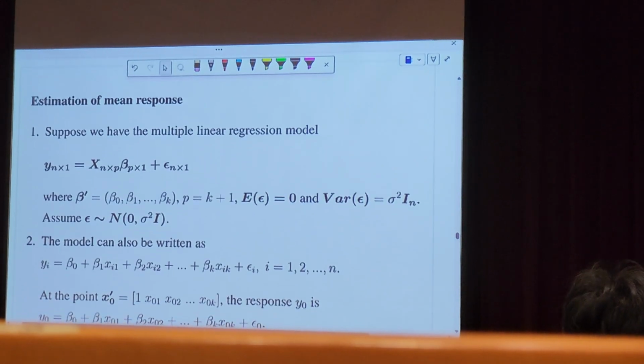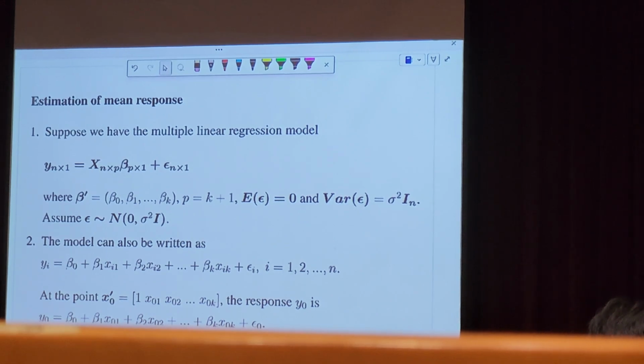So now let's go to estimation of mean response. Now in simple linear regression, we have gone through this. But now we are going to go through this for the multiple linear regression setting, which will include the simple linear regression case.